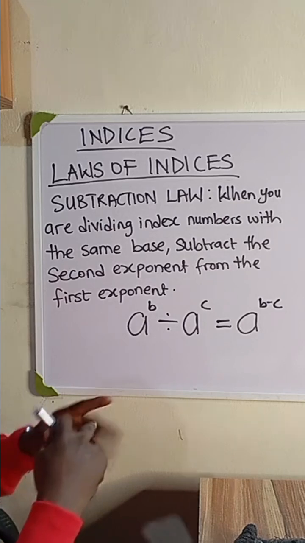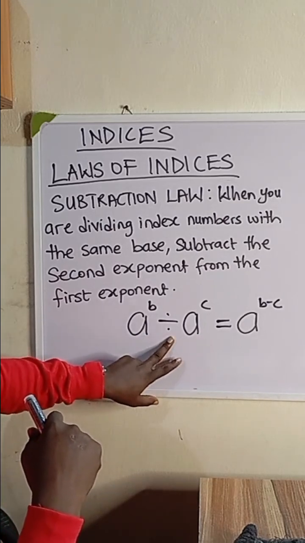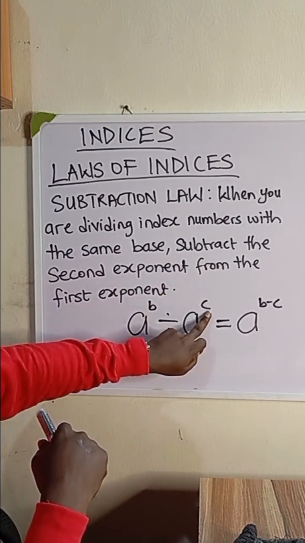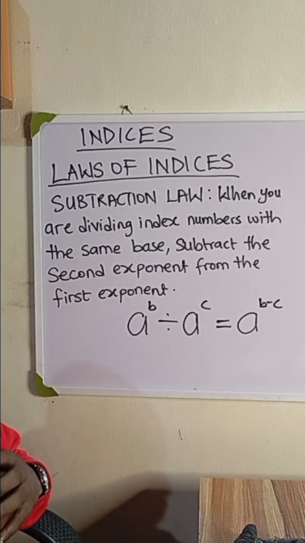Okay, so when you have the same bases and you are dividing, all you need to do is subtract the second exponent from the first exponent. So we're going to look at a few examples.